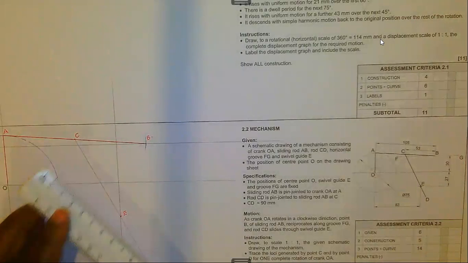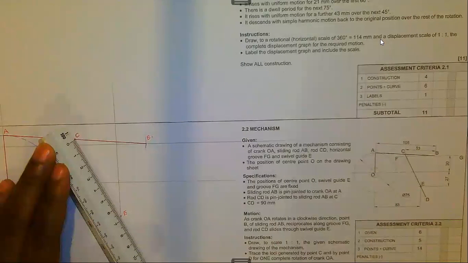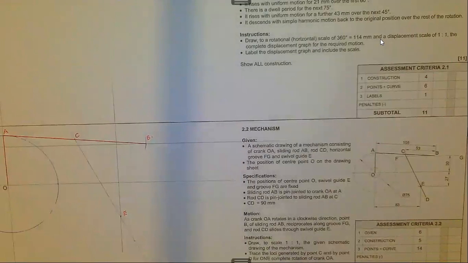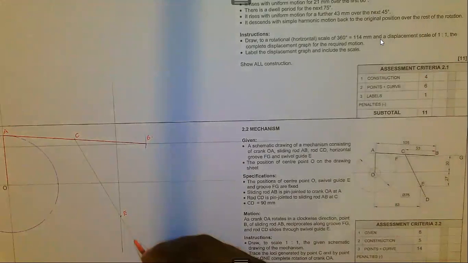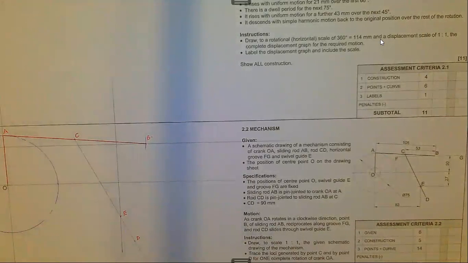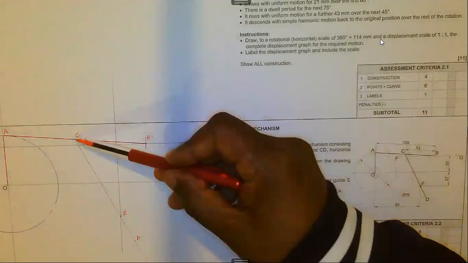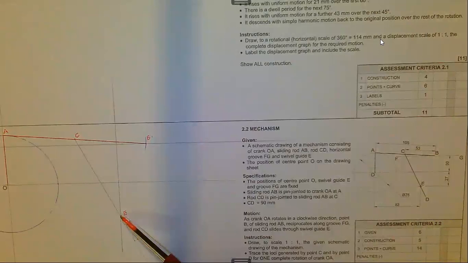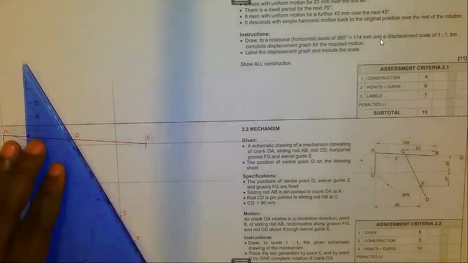You measure from there. That's our point D. Right, we label that, okay? So we have got C, D, which is E, like that. We can outline this, right? Let's outline CD.